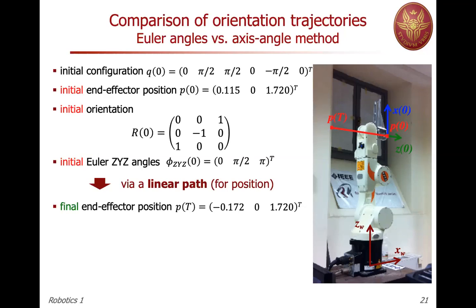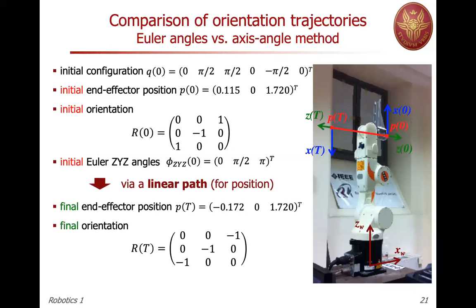If you compare it with P0, it keeps the same height, ZW. It keeps also the same value of Y, so it's just a motion along the world x-axis from the beginning to the end. So this will be the final and effective position, and we specify also the final desired orientation.